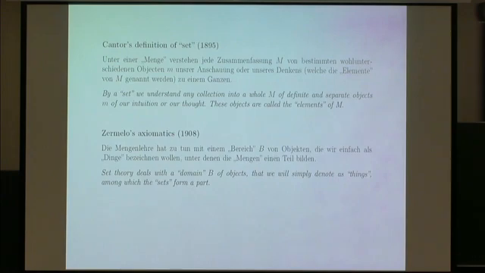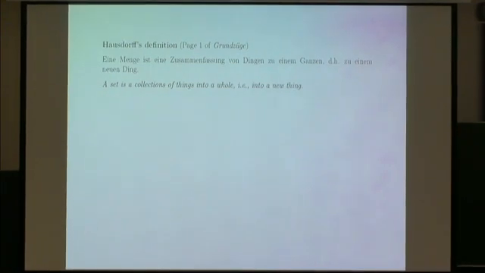Now Hausdorff combines both ways, the Cantorian tradition and Hilbert's formalism, and he starts his text with a very clear and simple statement. He just says a set is a collection of things into a whole, i.e. into a new thing. So, okay, he has the word collection around, but this collection is more seen as a technical collection, and we will just see in the future what collections we make. That's the naive approach here.